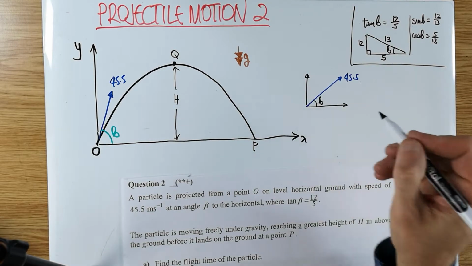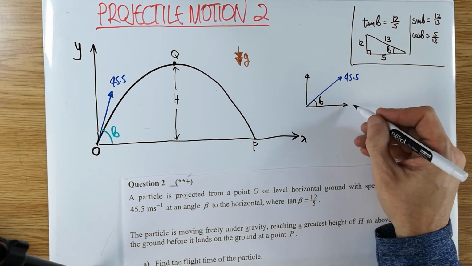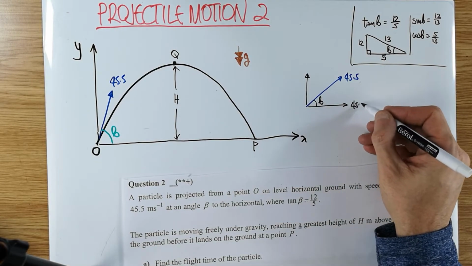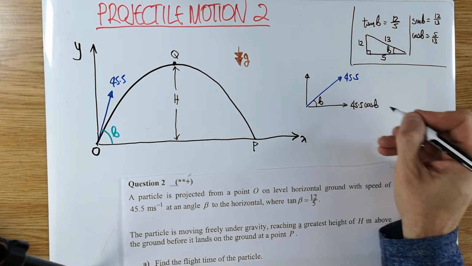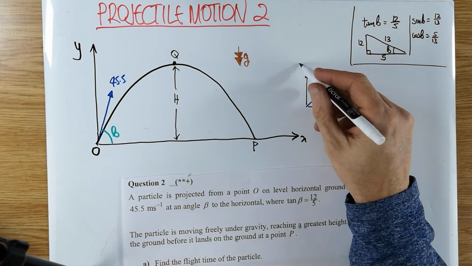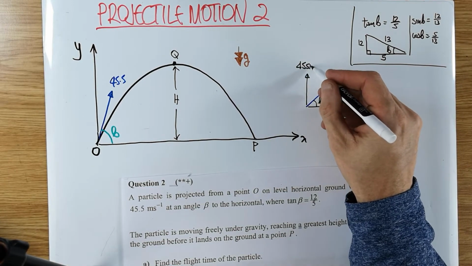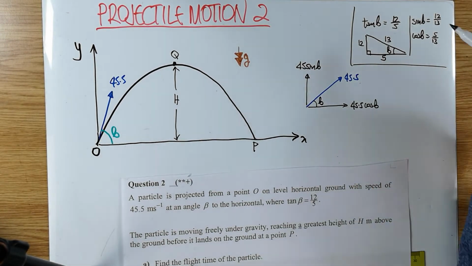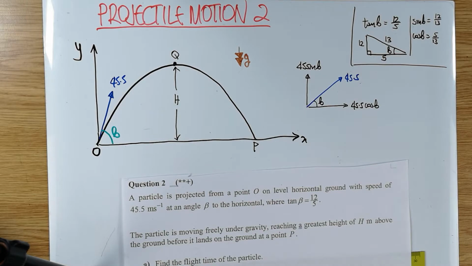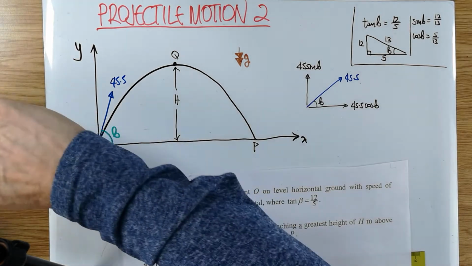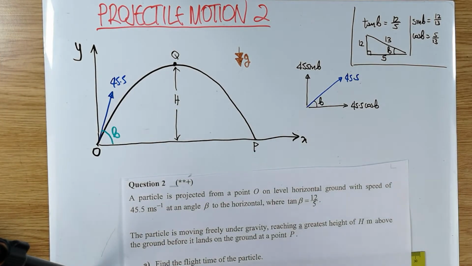This angle here is beta, so it's like resolving forces. So that's going to be 45.5, and the angle is on this side, so that's the cos of beta, and 45.5, the other component, of course, the sine of beta. I'm going to use my calculator. 45.5 times the cos, which is 5 divided by 13, gives me an answer of 17.5.